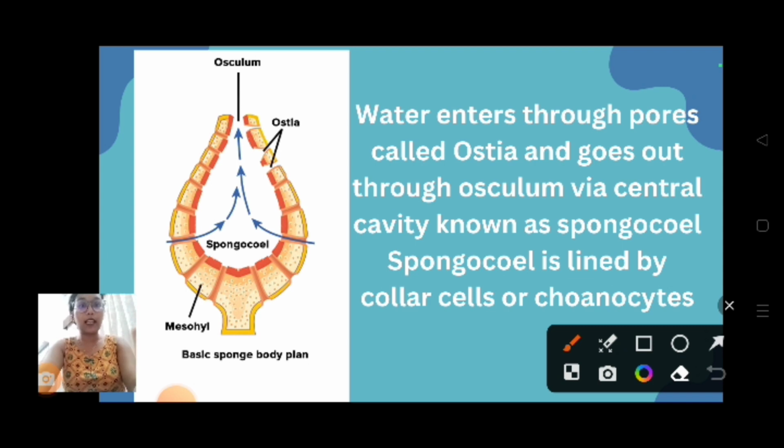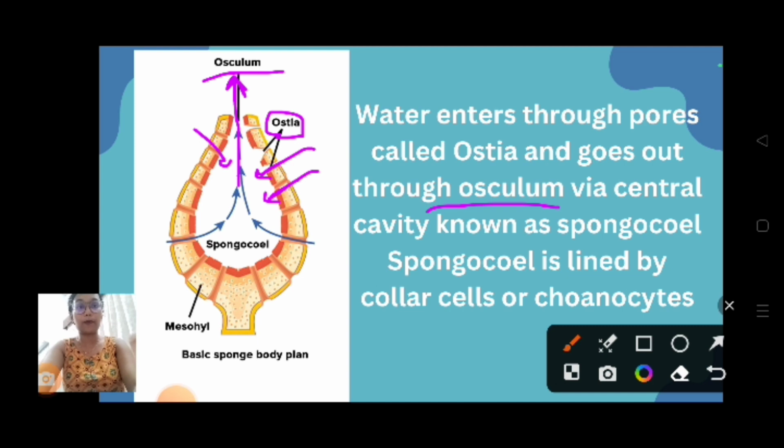Can you see the ostia? This is the ostia from where the water enters. These are pores. The water gets inside and goes out through the osculum. The direction is also shown.